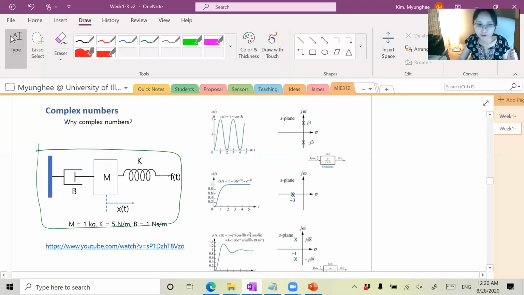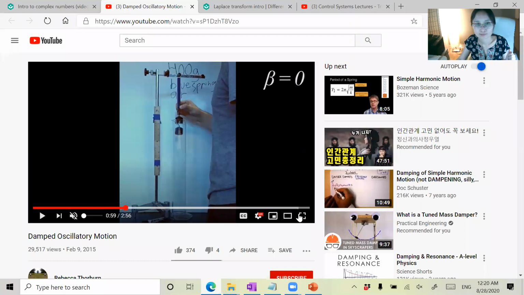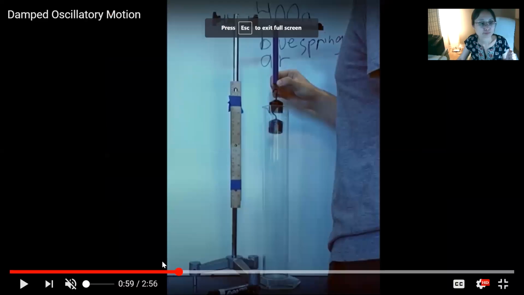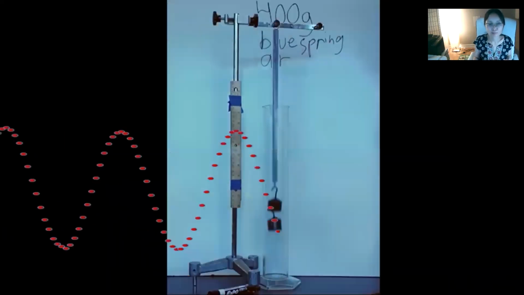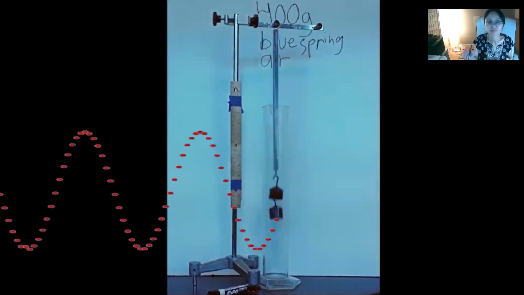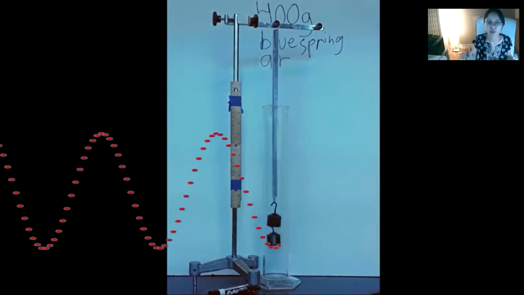So let's think about these cases. For this case, there's a pure oscillation. It looks like a sine wave or cosine wave.